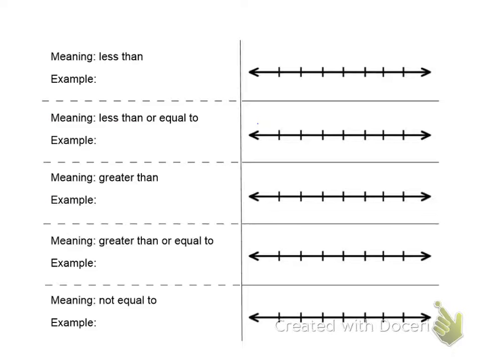All right. So let's practice a few. The first one, remember, was less than. And the example we're going to use is B. Let's use a different color. B is less than 4. And when we're graphing B is less than 4, we're going to use what's called an open circle because it can't be equal to 4.